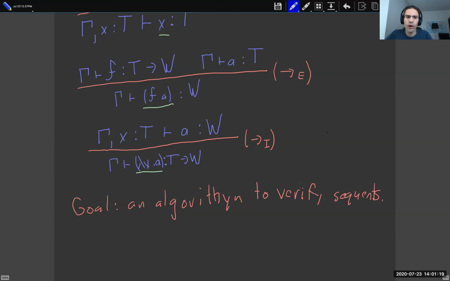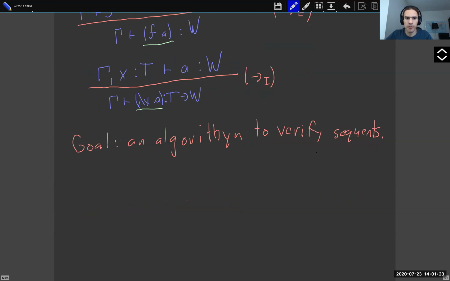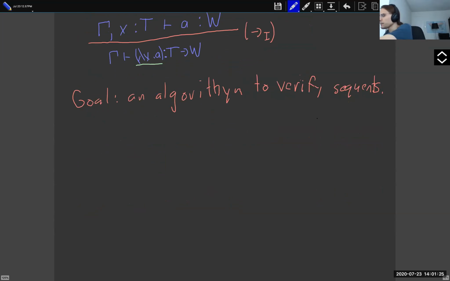Now, before we actually give this algorithm, let's go through an example. Suppose that the sequent that we're looking at is this.